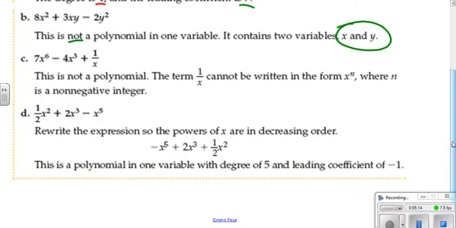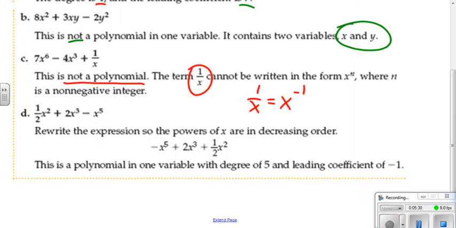In this case, we have 7x to the 6th minus 4x cubed plus 1 over x. This one is technically not a polynomial. Whenever we have 1 over x, that cannot be written in the form x to the power of n, where n is a non-negative integer. Technically, 1 over x is the same as saying x to the negative 1.